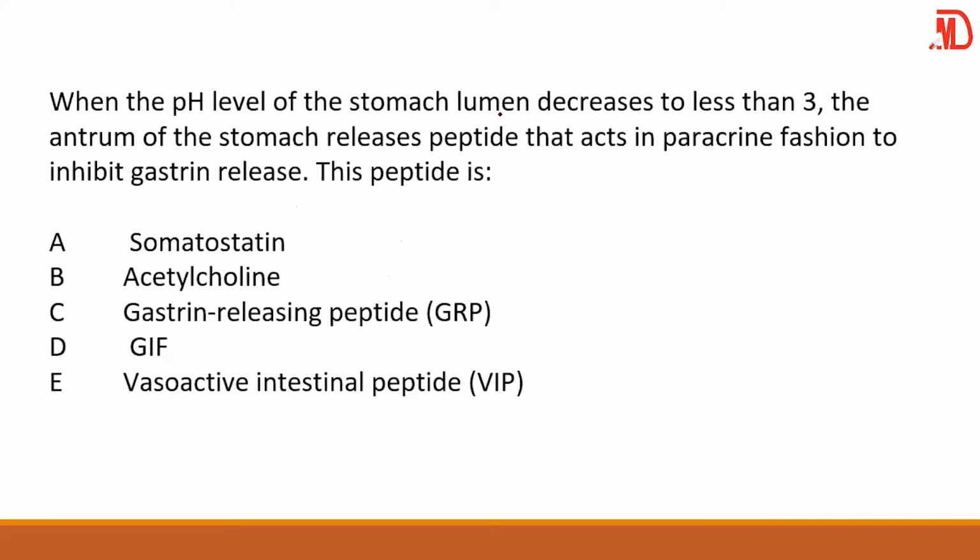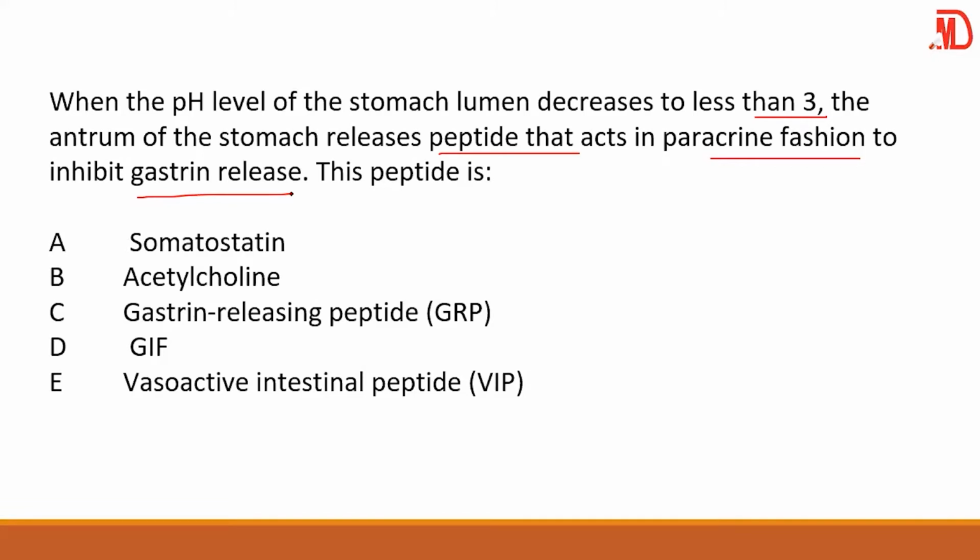When the pH of the stomach lumen decreases to less than 3, the antrum of the stomach releases a peptide that acts in paracrine function to inhibit gastrin release. Now you know that gastrin or gastric juice contains a high amount of HCl, hydrochloric acid. So having too much hydrochloric acid means that the pH is very low.